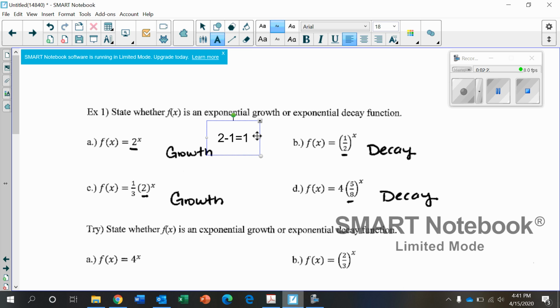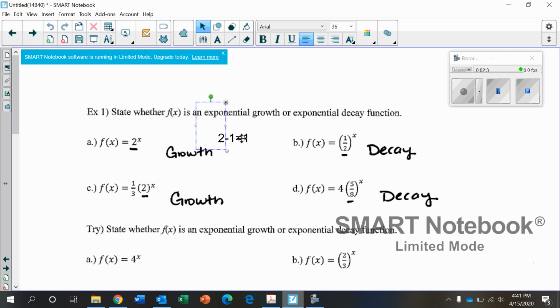Okay, so remember your rate here would be 1, but I want to make it a percentage. We always make our rates percentages. What you want to do is take this number and times it by 100, or move the decimal over 2 places. So in this case, R equals 100%.